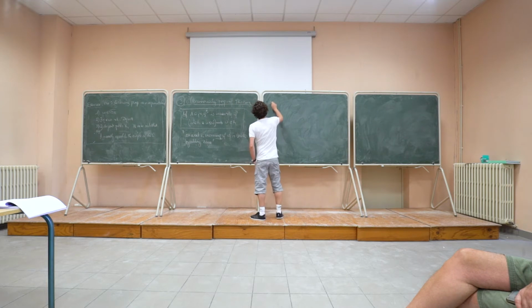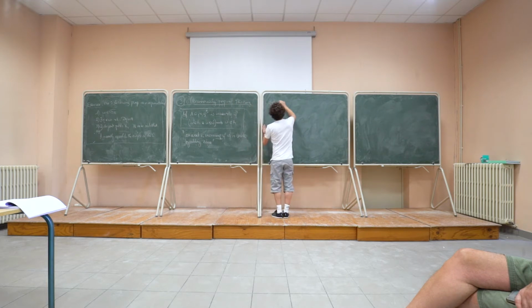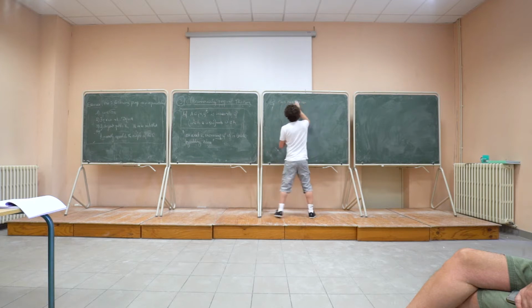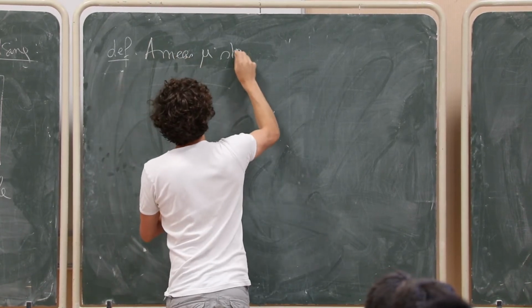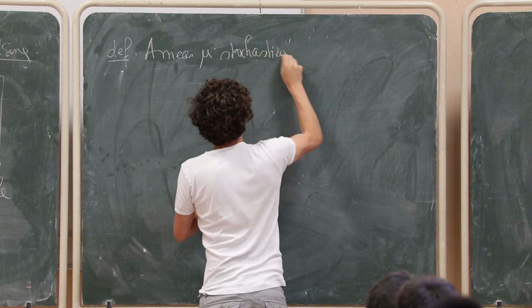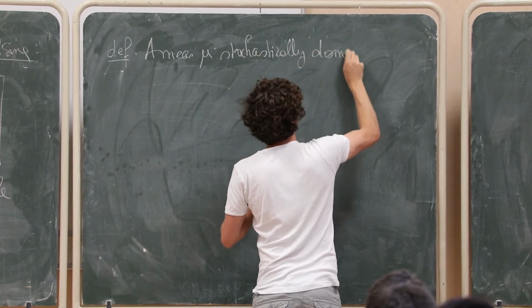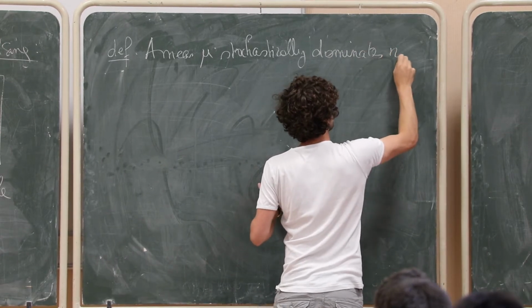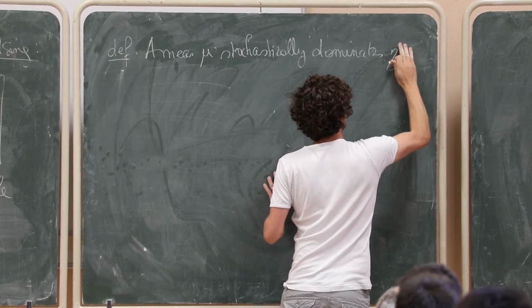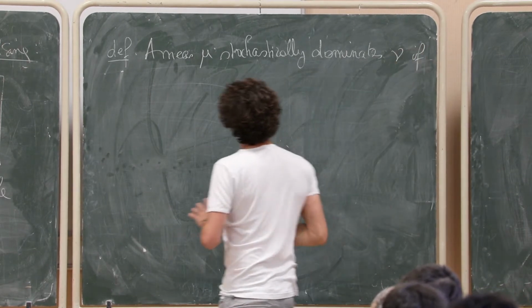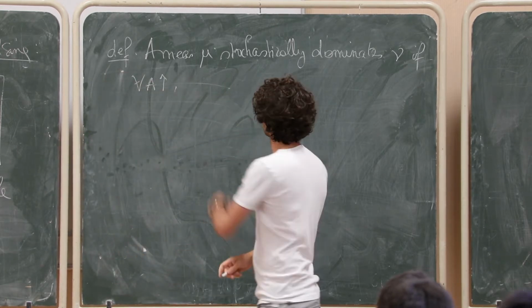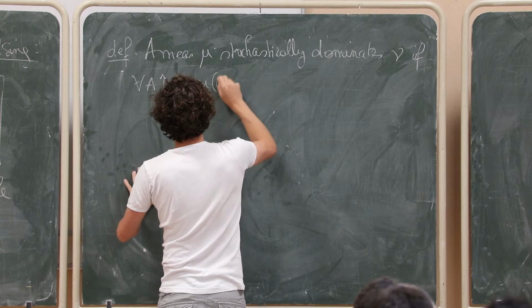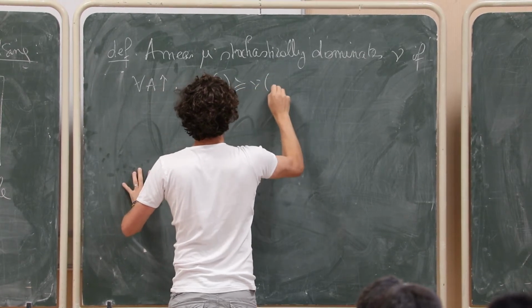My second definition is to say that two measures, mu and nu, so consider a measure mu stochastically dominates nu if for every A increasing, so for every increasing event, the probability of A under mu is larger or equal to the one under nu.